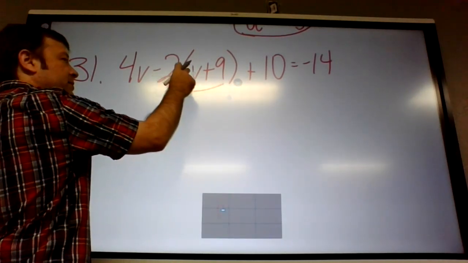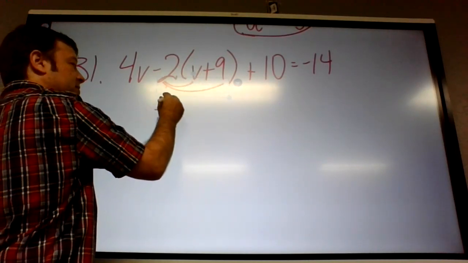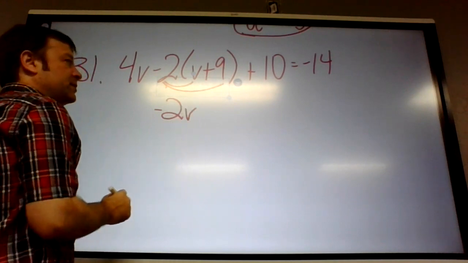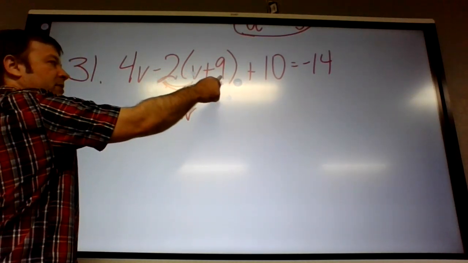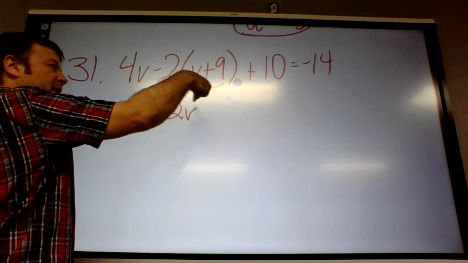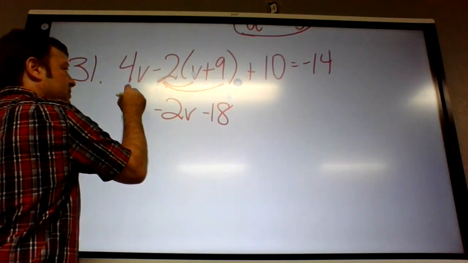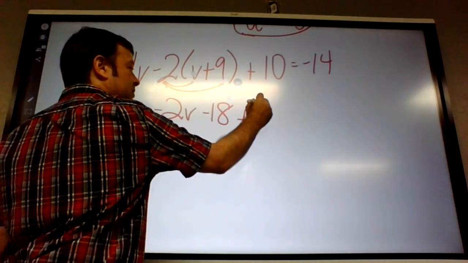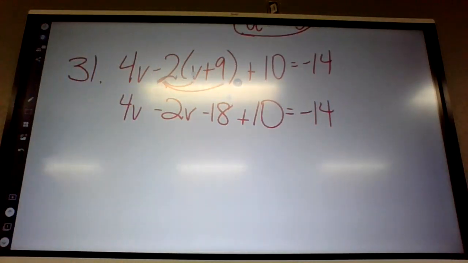So you do -2 times v, which is, we can't really do anything with that, so it's -2v, and you do -2 times 9. It's called the distributive property because you're passing it out. -2 times 9 is -18. I'll bring this stuff down. Now what do you think we should do?